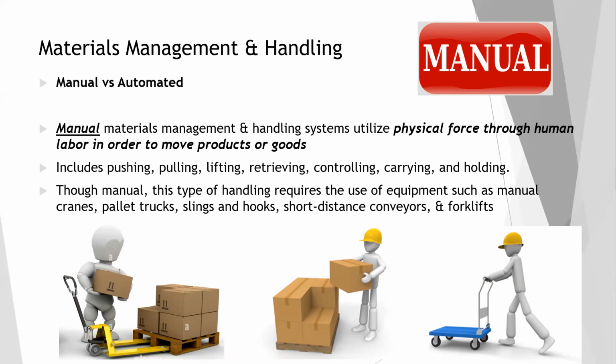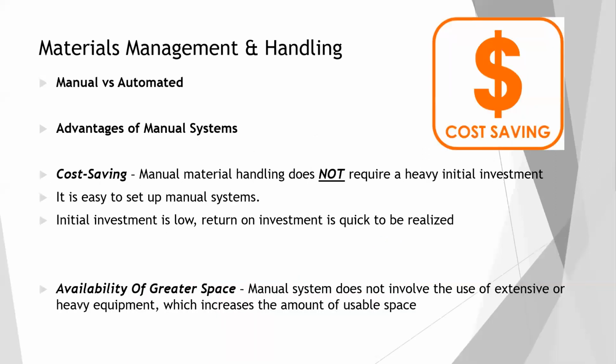Though manual, this type of handling still requires equipment. There are manual cranes, pallet trucks, slings and hooks, short distance conveyors and forklifts. So it's not always just done with a person. There is usually some sort of equipment involved, but the main source of movement is physical force from human labor. So it's actually people doing that pushing, pulling, carrying, holding, setting down.